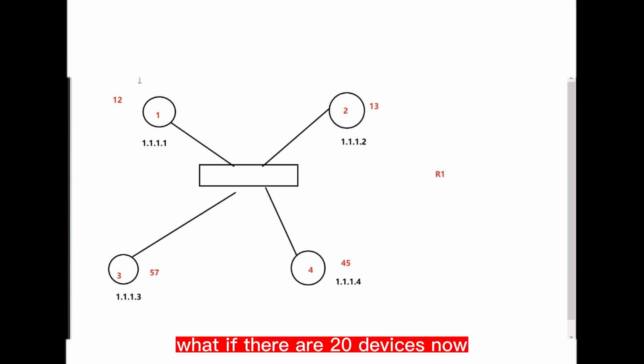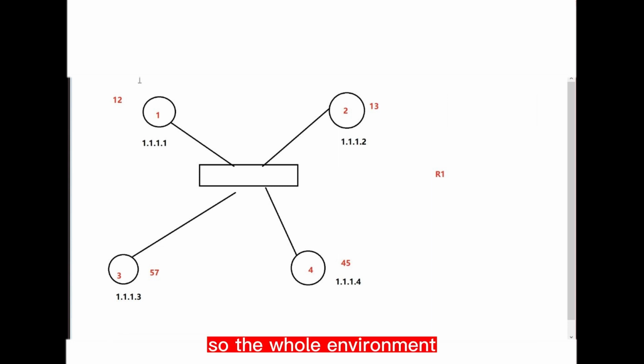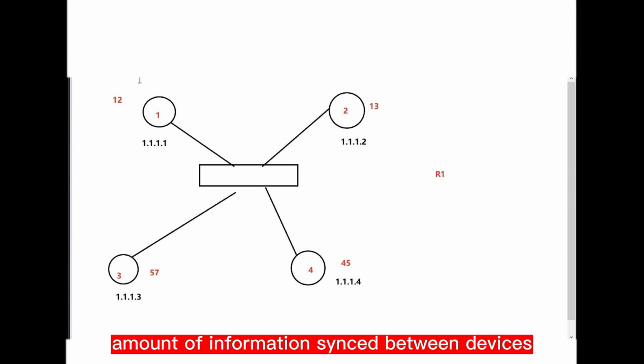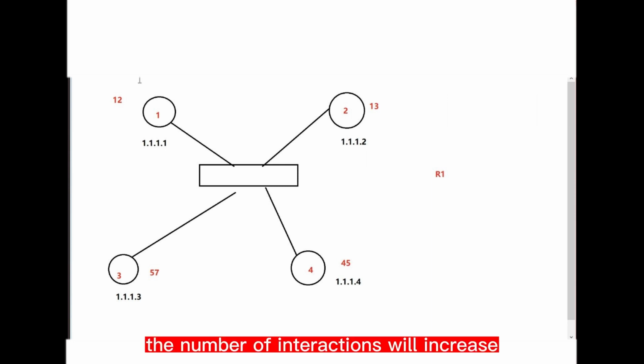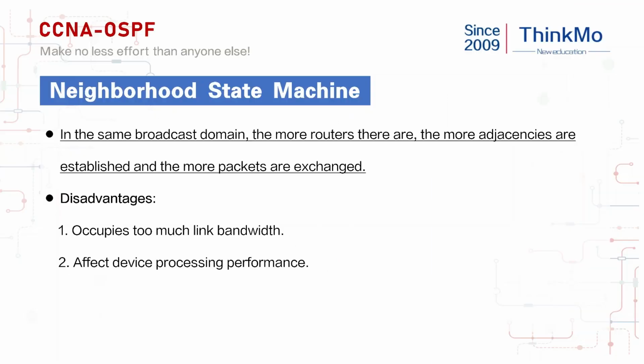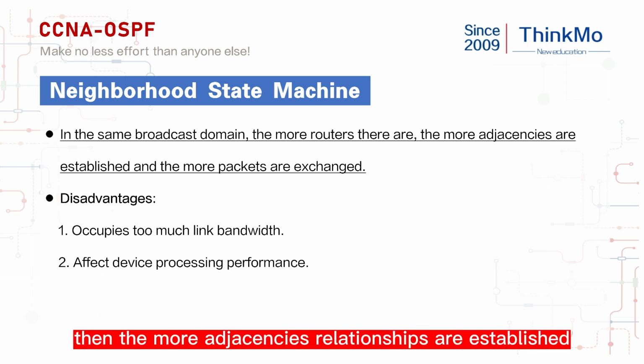So that's just 4 devices. What if there are 20 devices now? 20 devices still need to establish a relationship one by one. So the whole environment, the amount of information synced between devices, will be huge. The number of interactions will increase. In this case you will find, under the same broadcast domain, if the number of routers is more, then more adjacency relationships are established.